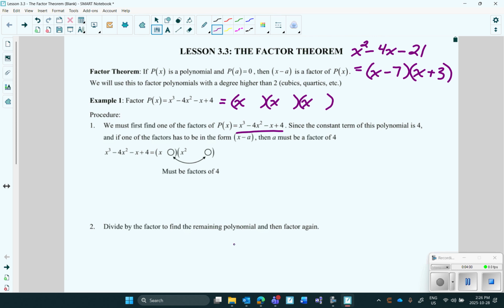What 2 numbers? 2 times 2, 1 times 4. Now this is where you got to think outside the box a little bit, because there's more. -2, -2, -1, -4. So the factors of 4, we would just write like this: plus minus 1, plus minus 2, plus minus 4. It's going to be a combination of 2 of those.